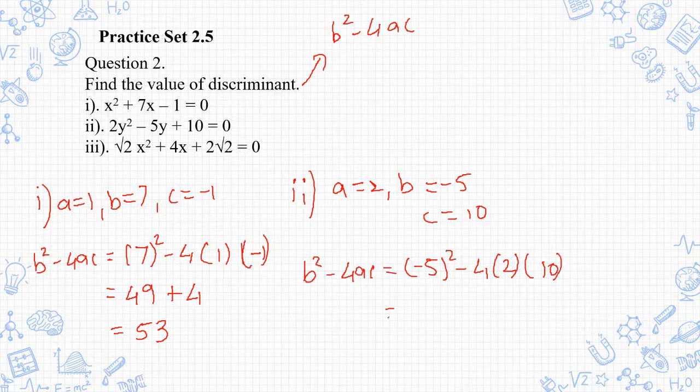So this will be 25 minus 4 into 2 will be 8, and 8 into 10 will be 80. So this will be 25 minus 80, which is minus 55. Similarly, you can do it for the third part and find the value of the discriminant.